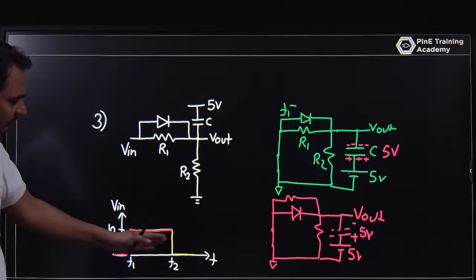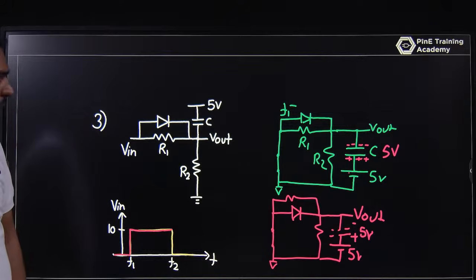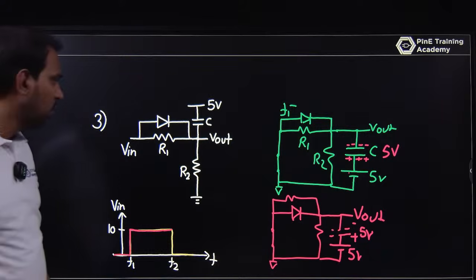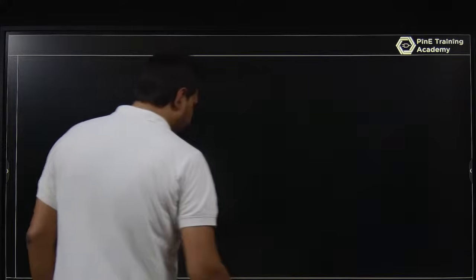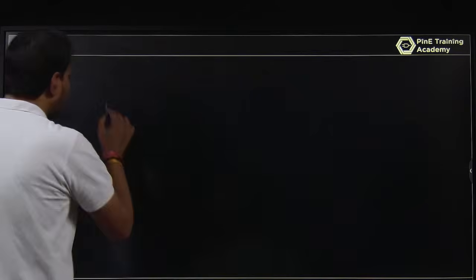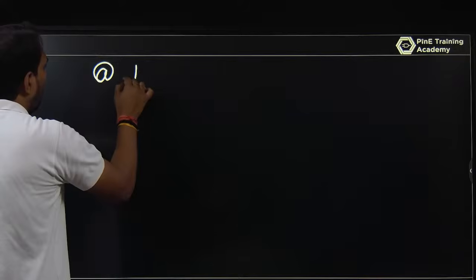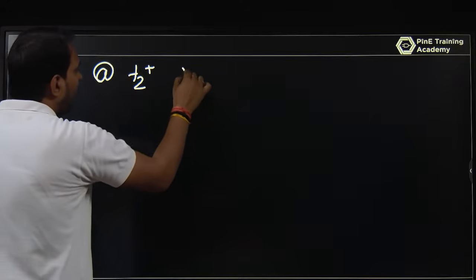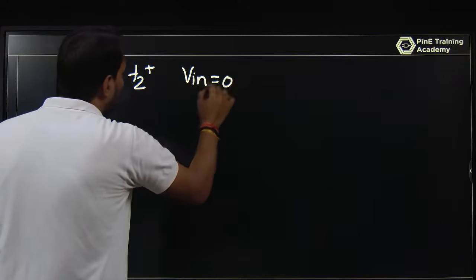After till T2 minus, this is 10 volt. The capacitor voltage is 5 and this is 5. So V out is 10 volt. What is happening after T2? So at T2 plus, the input voltage is suddenly 0.